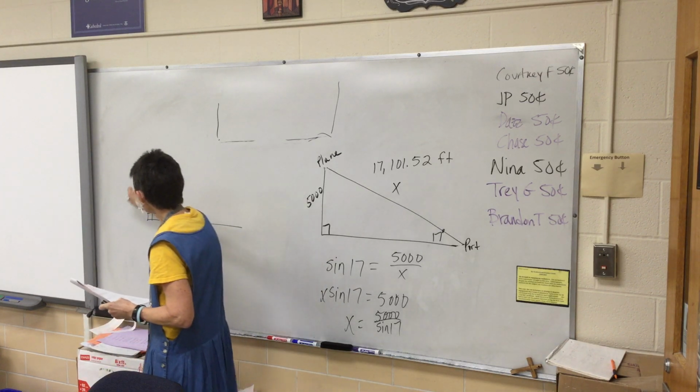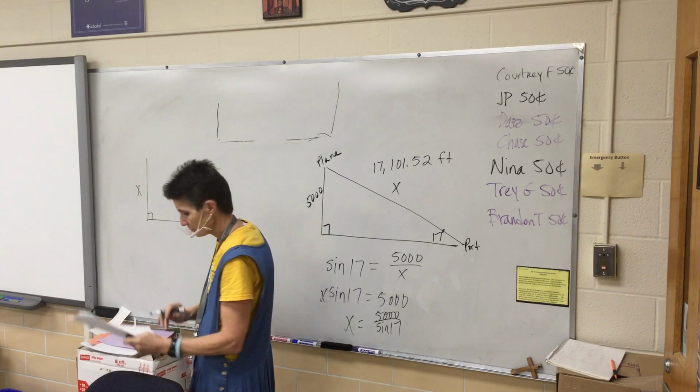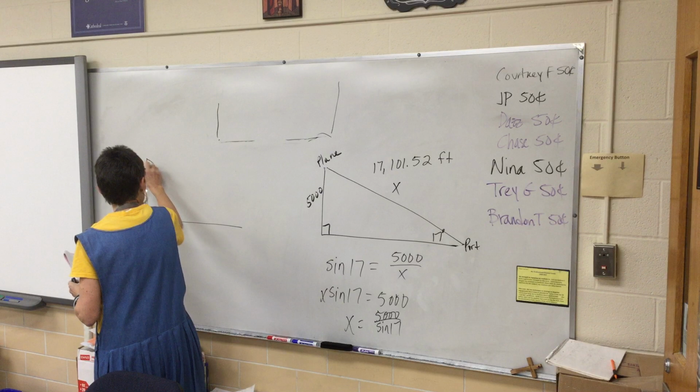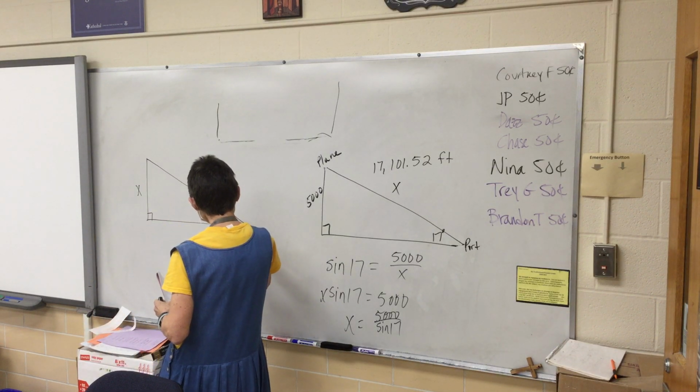And did you put X here because you're finding the height of the flagpole? And did you put the angle of 59 down here?